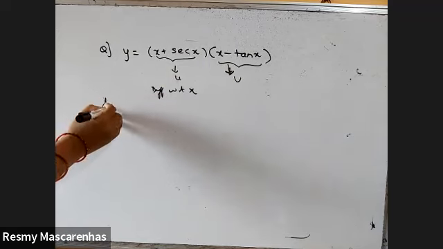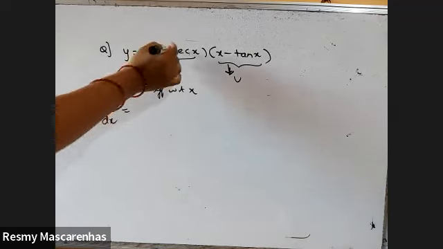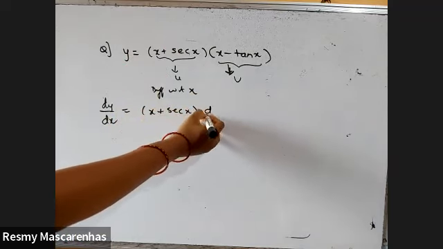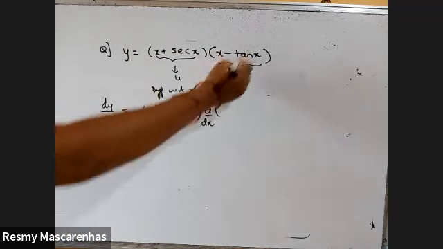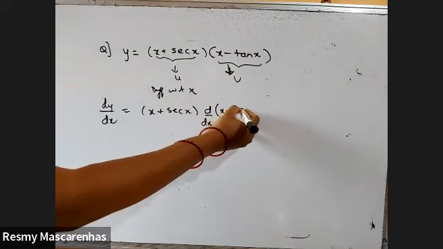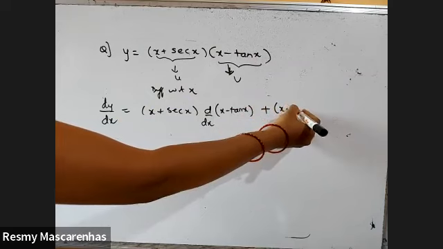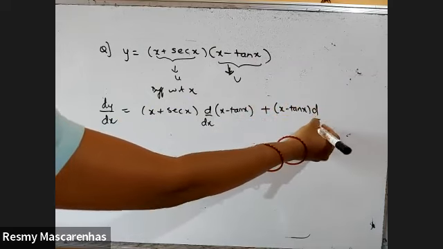So dy by dx will be copy paste u as it is, take the derivative of the second one, plus copy paste the second one and take derivative of the first.